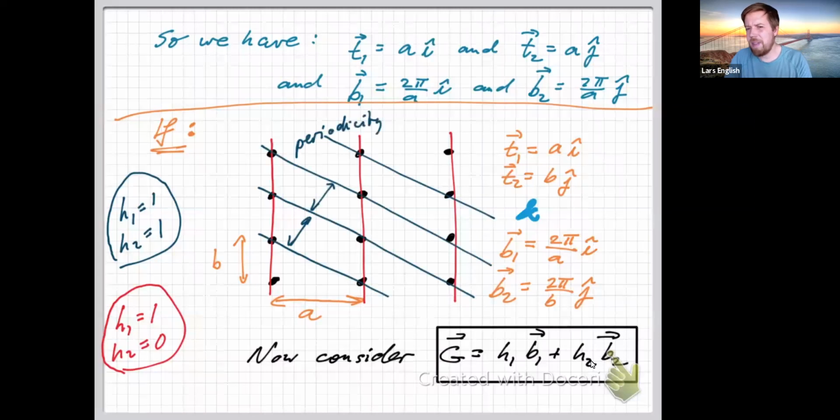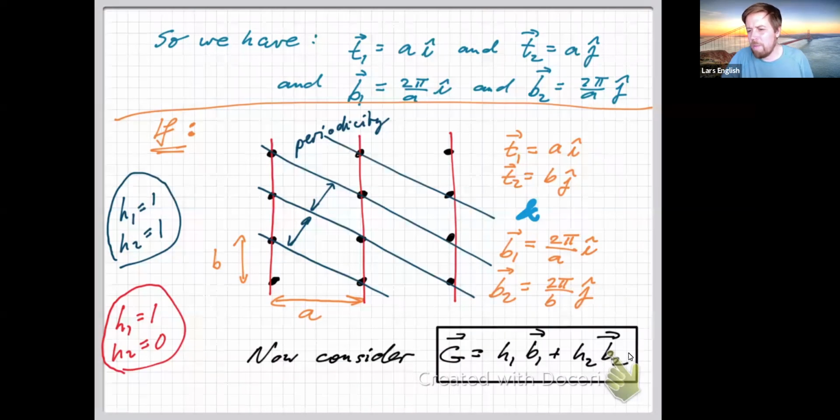And you guessed that it's these lattice planes. You can actually convince yourself, interestingly enough, that this G that we formed, B1 plus B2, is actually perpendicular to these lattice planes. So clearly, the vector that connects this corner atom to this atom here is not perpendicular to the lattice planes.